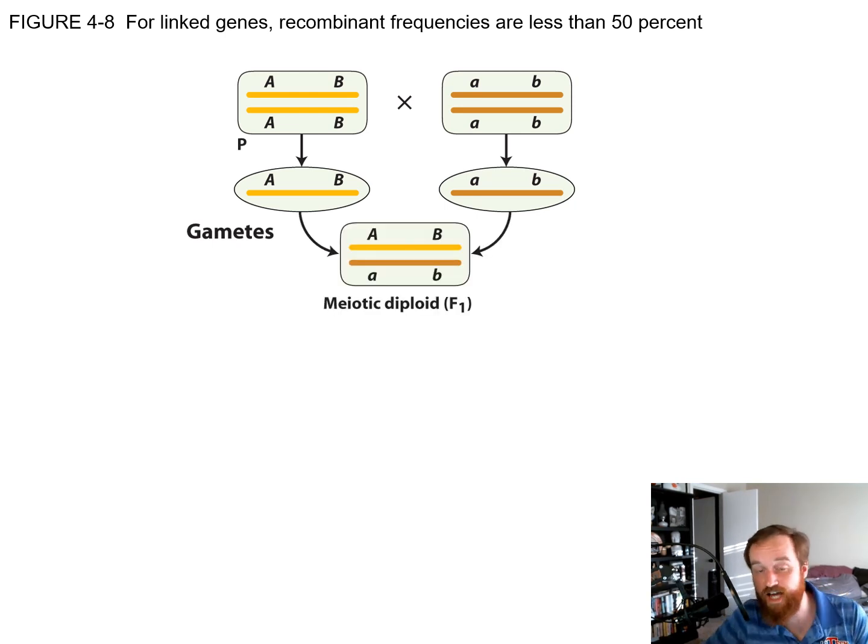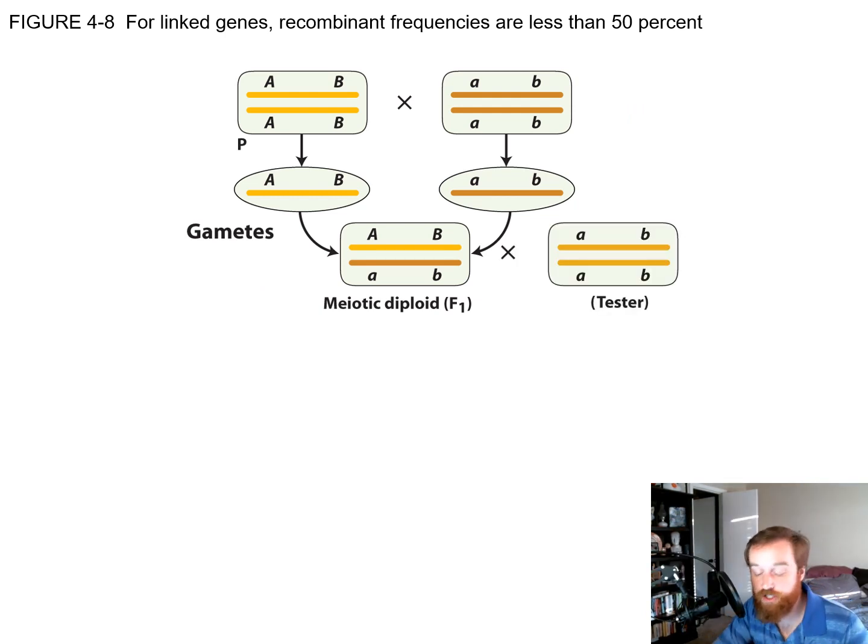Similar to the dihybrid cross in the previous chapter, we're going to set up a cross where one parent is homozygous for both dominant alleles, A and B, versus a parent that is homozygous for both recessive alleles, small a and small b. The outcome is the F1 generation, the first filial generation, a heterozygote who has a dominant copy of A and B and a recessive copy of A and B.